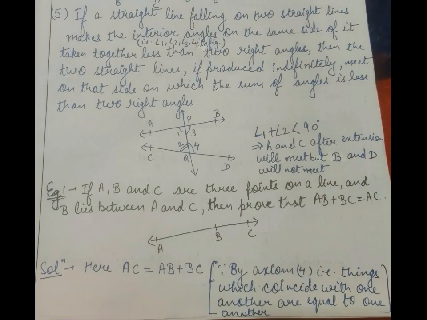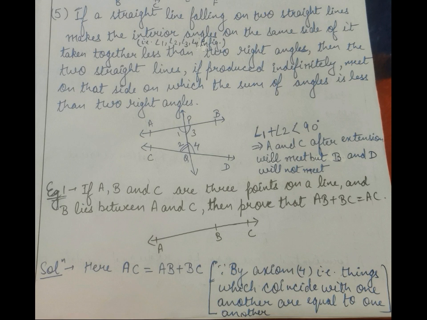Now postulate number 5 is if a straight line falling on 2 straight lines makes the interior angles on the same side of it. Here in the diagram you can see that a straight line, that means PQ, is falling on AB and CD, and because of that 4 angles are being formed.